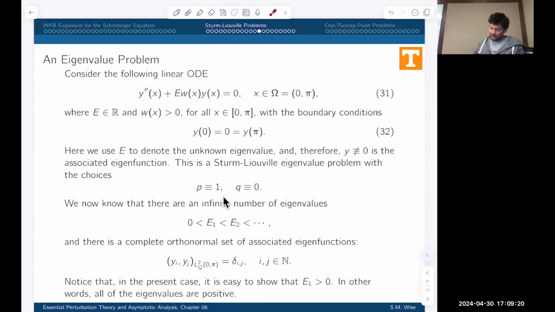So this is a Sturm-Liouville problem, and you can see that it fits a canonical form, given to us by setting p equals 1 and q equals 0. In this case, we know that there are an infinite number of eigenvalues, indexed by k equals 1 to infinity, and there's a smallest one. It turns out that the smallest one is actually positive.